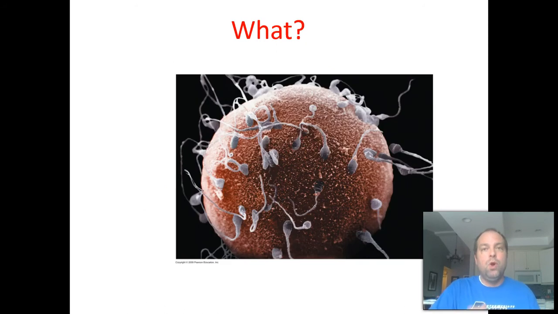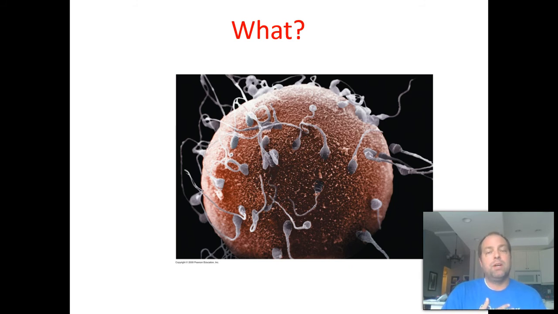So, what is sexual reproduction? Simply put, sexual reproduction is the egg and sperm joining together. The egg is the female reproductive cell, and the sperm is the male reproductive cell. Now, why do you want the egg and sperm to join together? So you get DNA from both your mom and dad.